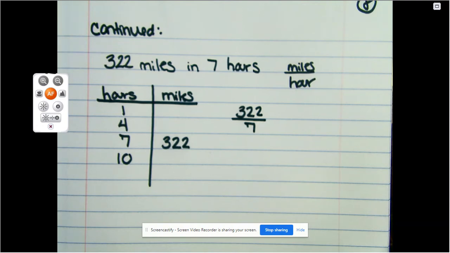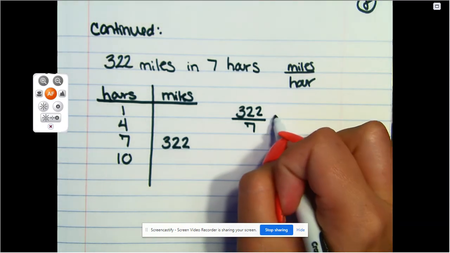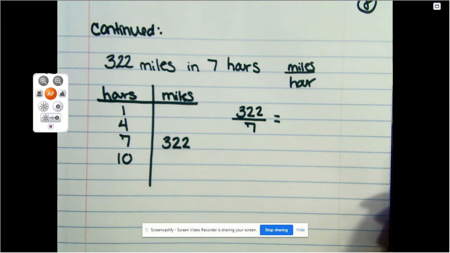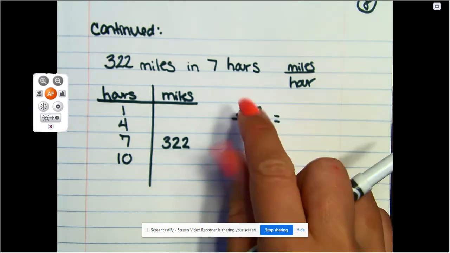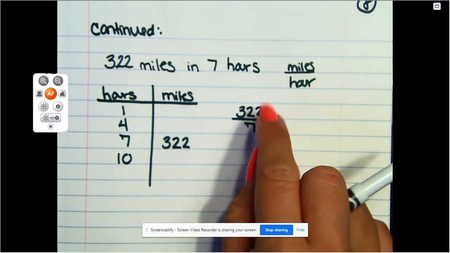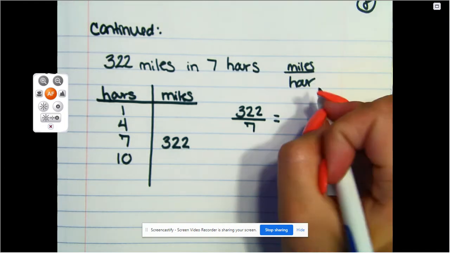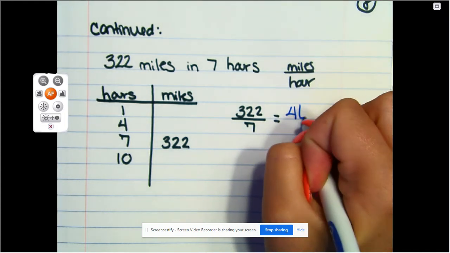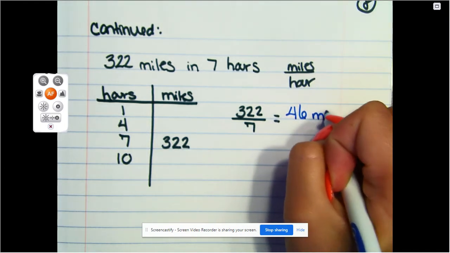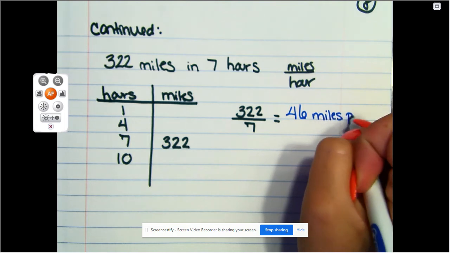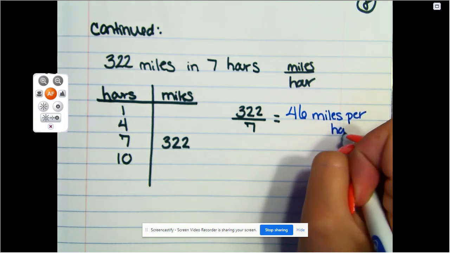First, the easiest way, because there could be some decimals hanging out somewhere, is that we are going to find the unit rate, or divide this into simplest form. So we're going to do 322 divided by 7, and my unit rate is 46 miles per hour.